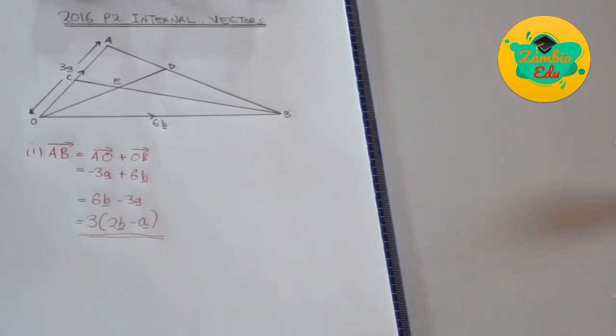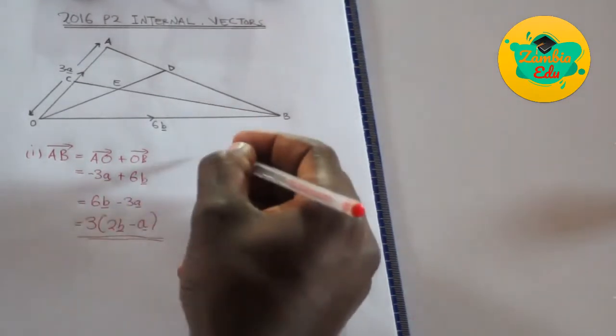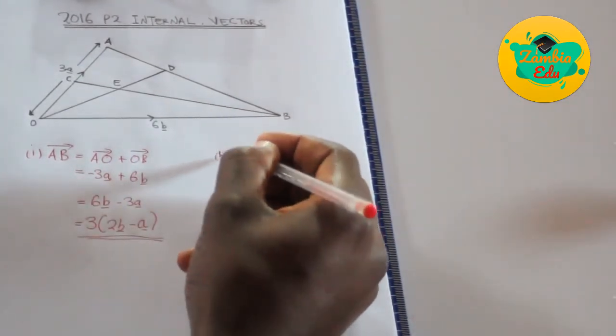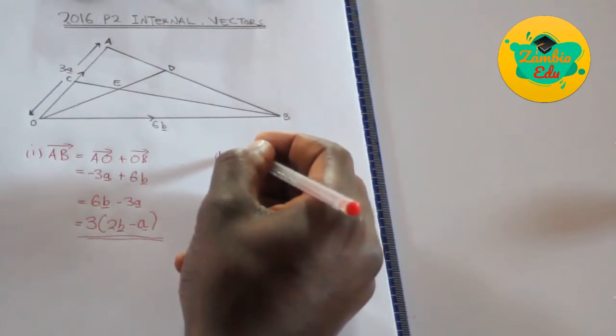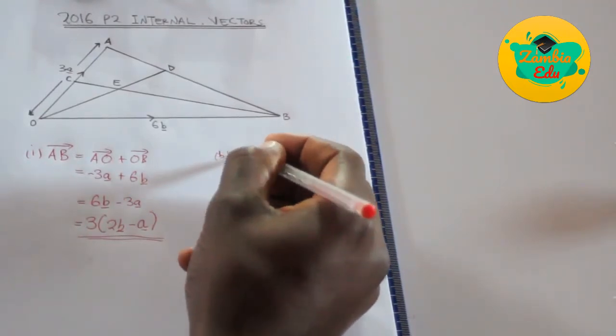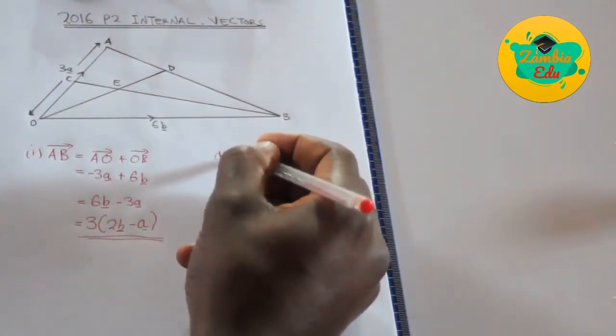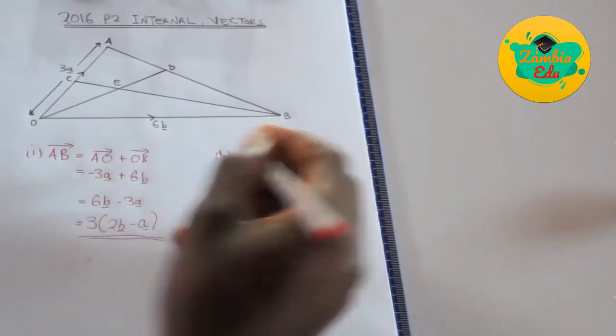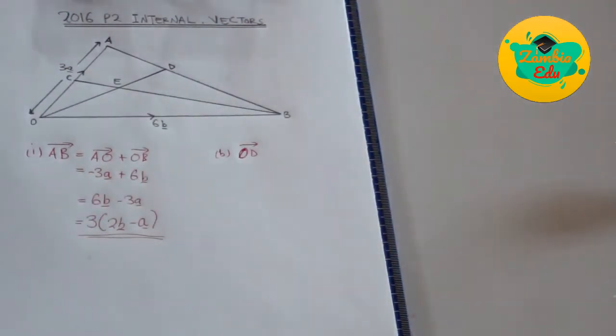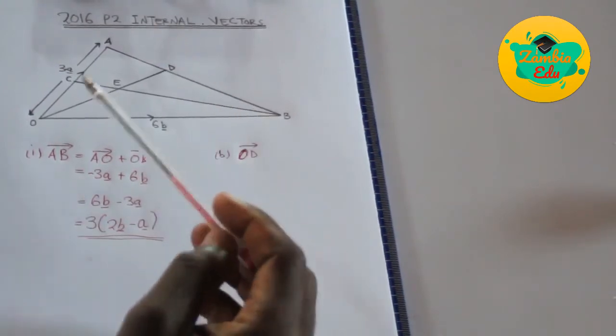Question number 2 says we are supposed to express in terms of A and or B vector OD. Vector OD is what we are trying to find now. So what is OD?